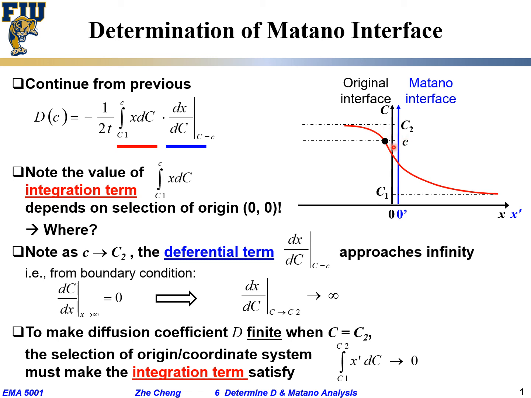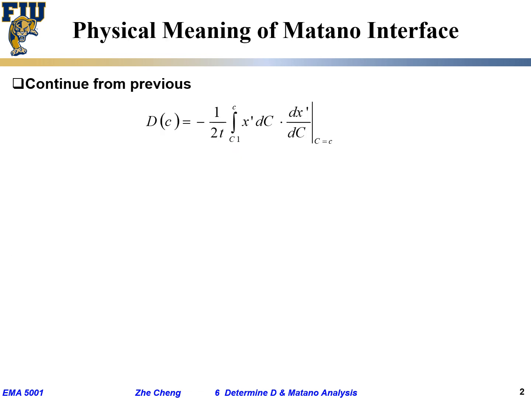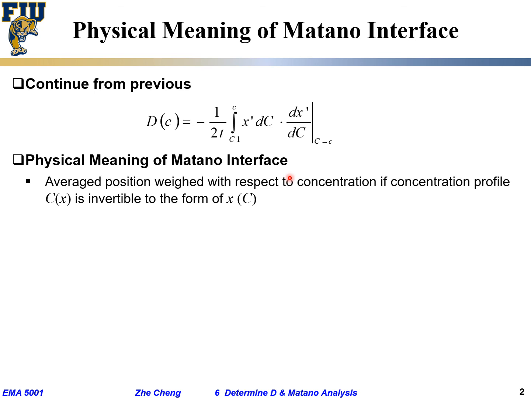So the area here is negative, the area here is positive. That way we can choose or determine that coordinate, and that particular location people call a Matano interface. And that Matano interface has some implications, and we'll briefly talk about them here.